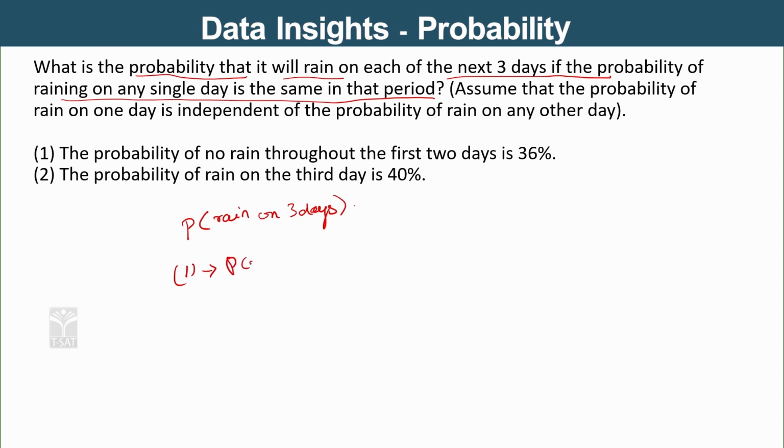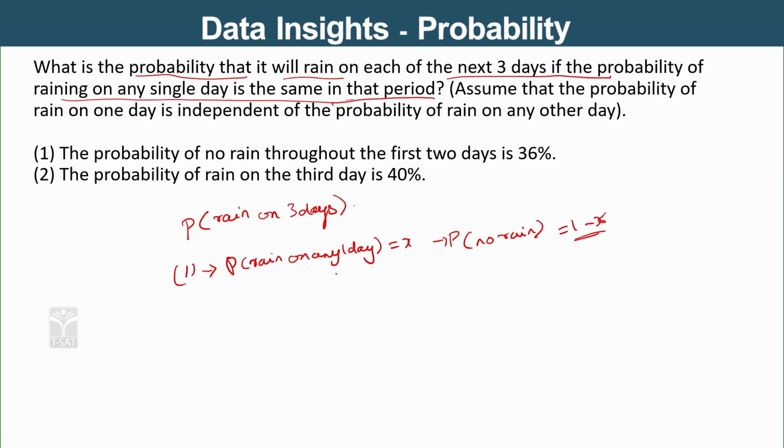If the probability of rain on any one day is x, then the probability of no rain is 1 minus x. This will remain standard because the probability of rain is the same on any single day in that period.